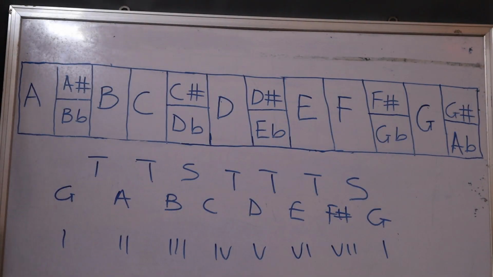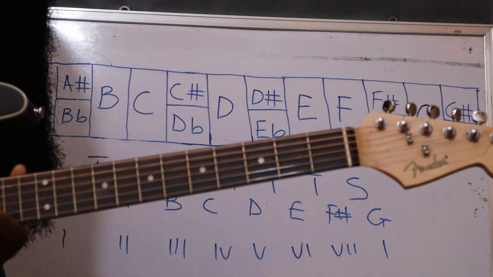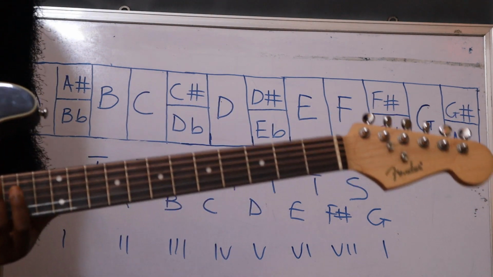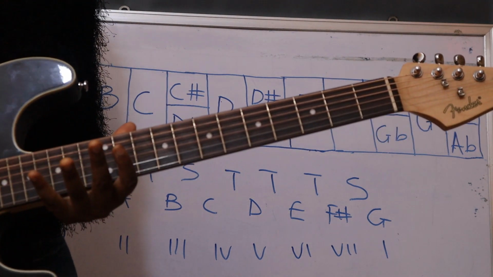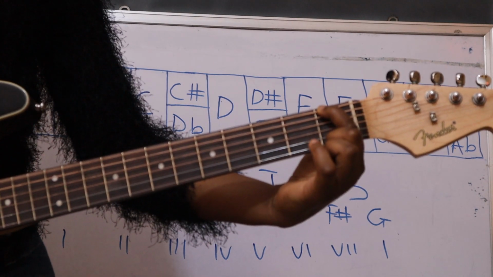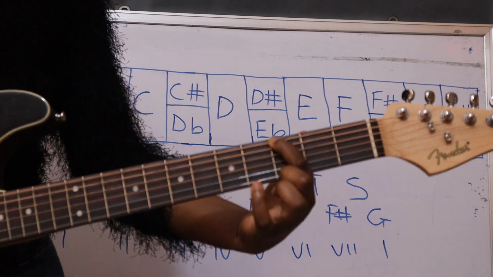We want to translate this G major scale onto the guitar. We are just going to use one string so I can explain this to you and you get a visual concept. You know your open string is E, right? So look for your G: you go F sharp, G. So this is G here, right?